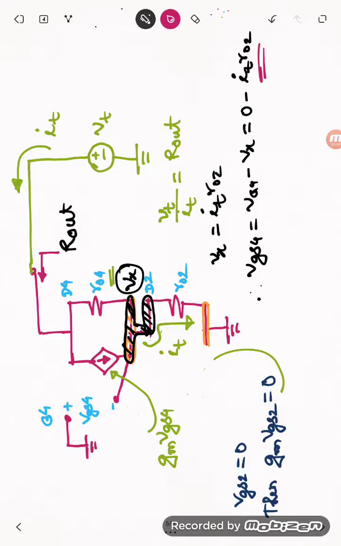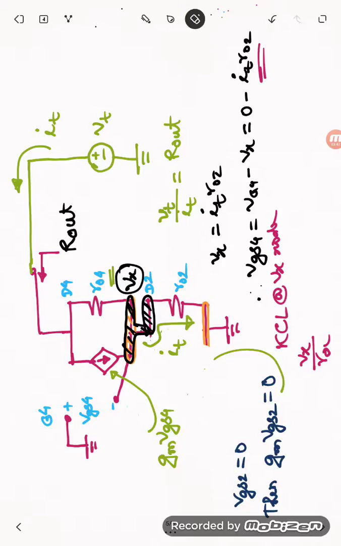Now next, how can I apply KCL at that VX node? If you apply KCL to the VX node, our value should be Vx over R02.